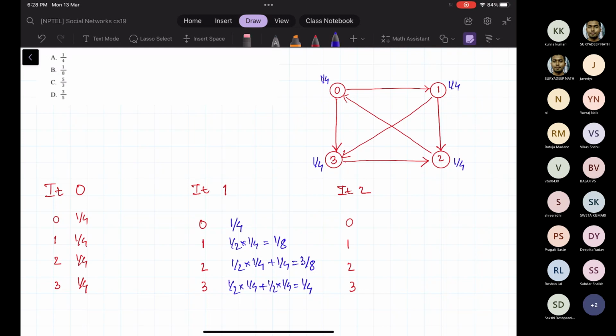So now the updated page ranks are: node 0 remains 1/4, node 1 has become 1/8, node 2 has become 3/8, and node 3 remains 1/4.